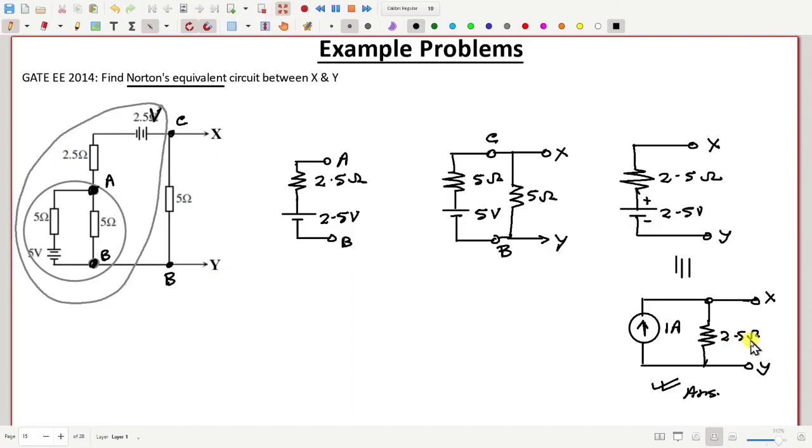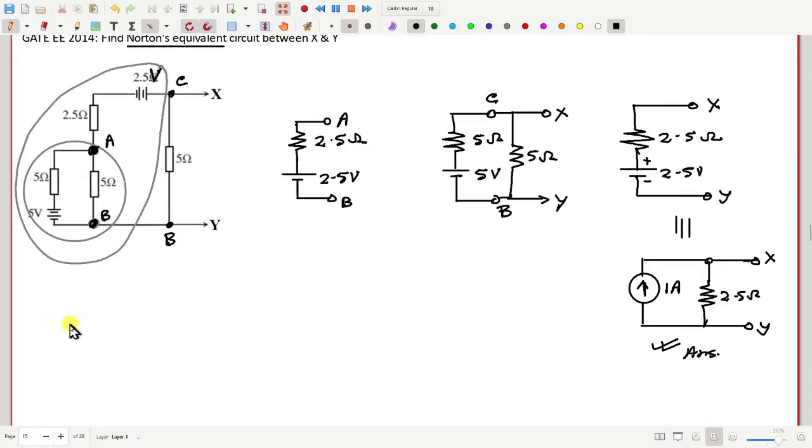Any question? Sir, can you repeat how we got the A and B part, between A and B? Yeah, so between A and B, what do we have? 5 ohm, another 5 ohm, here 5 volt.